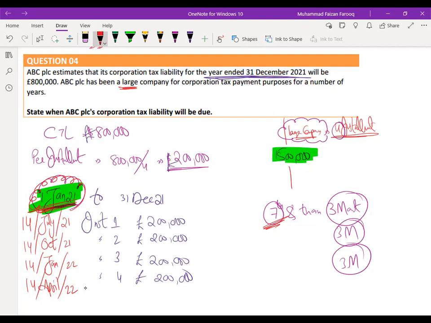And this is how a large company is going to pay its corporation tax liability in installments. Any problem? No. Note it down, please.